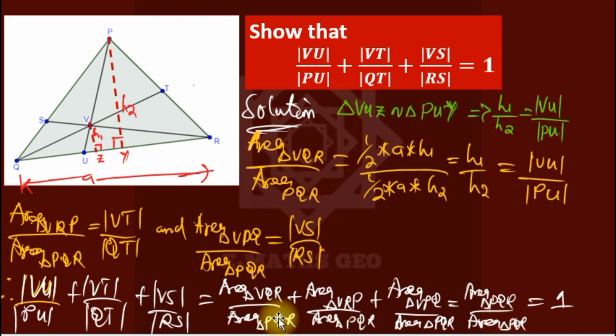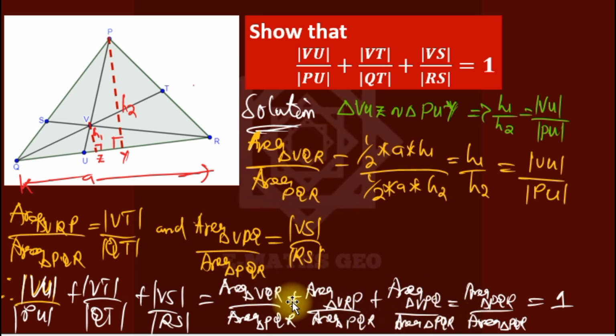Do you know why? If you notice, the three have the same denominator, which is the area of triangle PQR. So the numerator is now the area of VQR plus the area of VRP plus the area of VPQ. You get the logic? Yes, the numerator is the addition of the numerators because we have the same denominator.